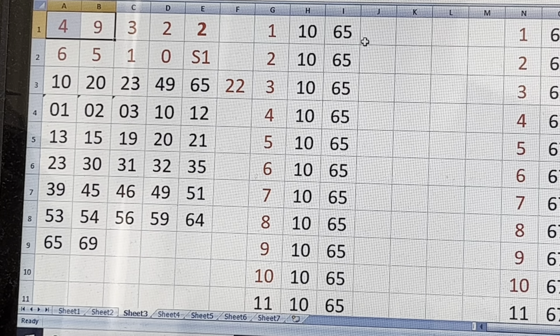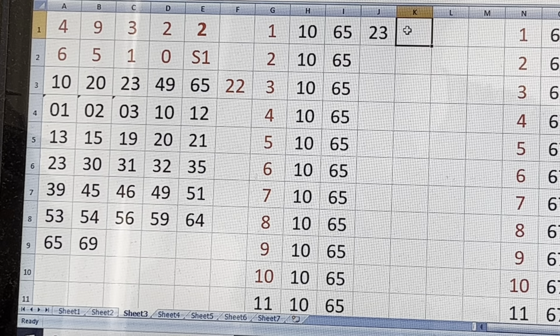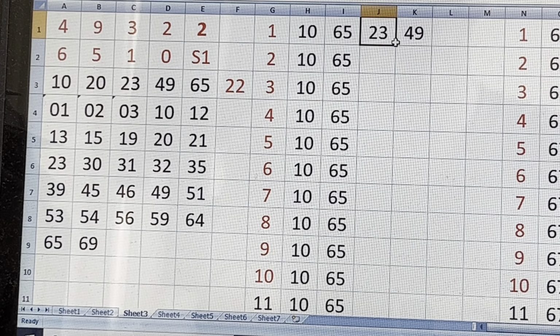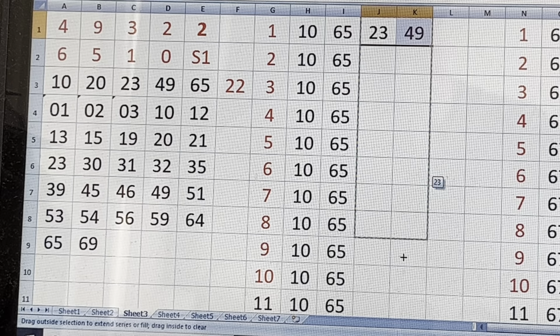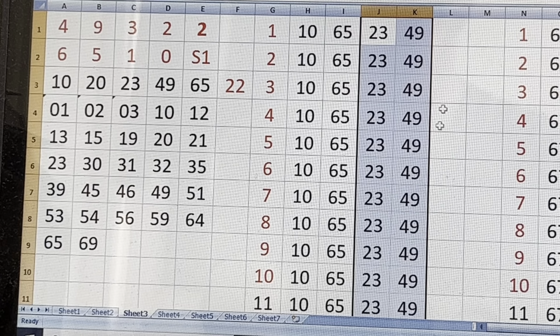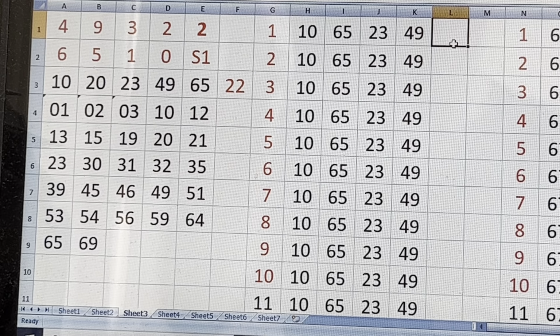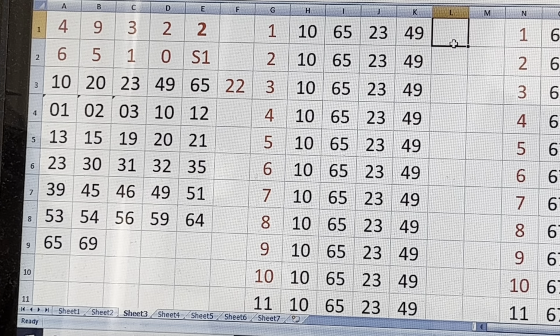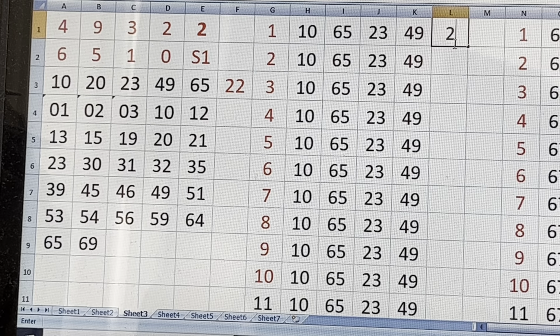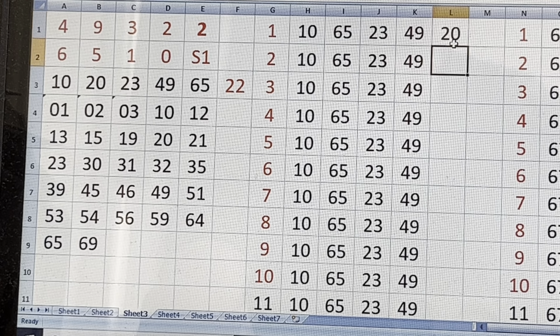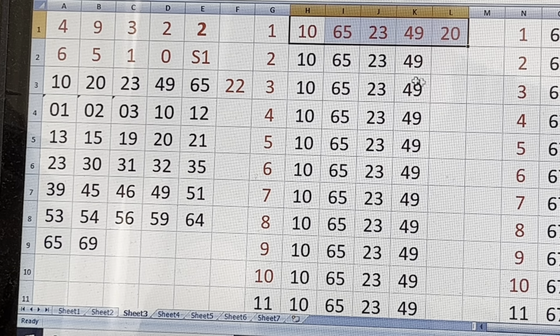I've used every single digit once. This is the hardest part to do, to use every single digit once. It's hard, but you have to go by that rule. Now you can put any numbers right there. You can put 20. That's automatically the jackpot.